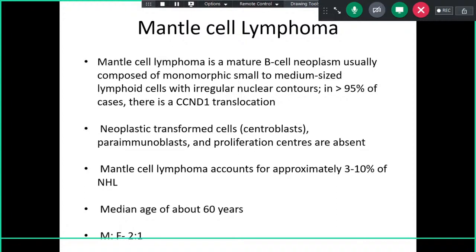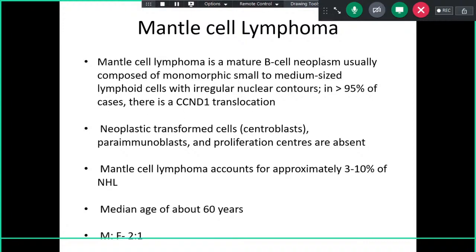So mantle cell lymphoma is a mature B cell neoplasm composed of monomorphic small to medium sized cells, mostly with irregular nuclear contours, and with a CCND1 translocation, or you can call it cyclin D1 positivity. Neoplastic transformed cells like centroblasts, paraimmunoblasts, and proliferation centers are completely absent. These are the criteria. They are usually never present.